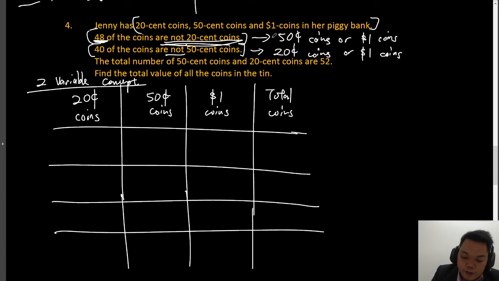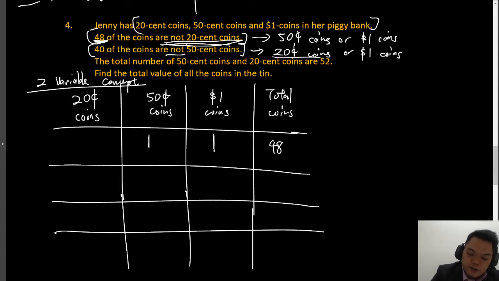Over here, 48 of the coins are not 20-cent coins, means that you got all your 50-cent coins and all your $1 coins, adding up to 48 coins over here. Correct?